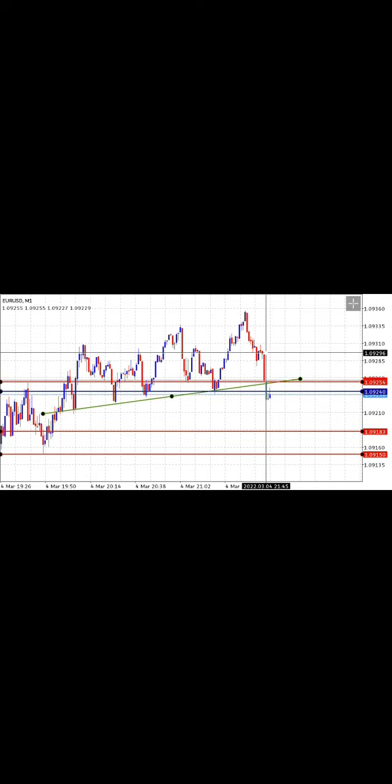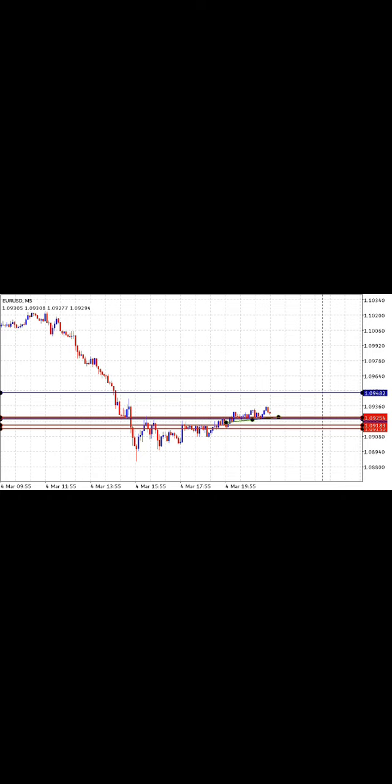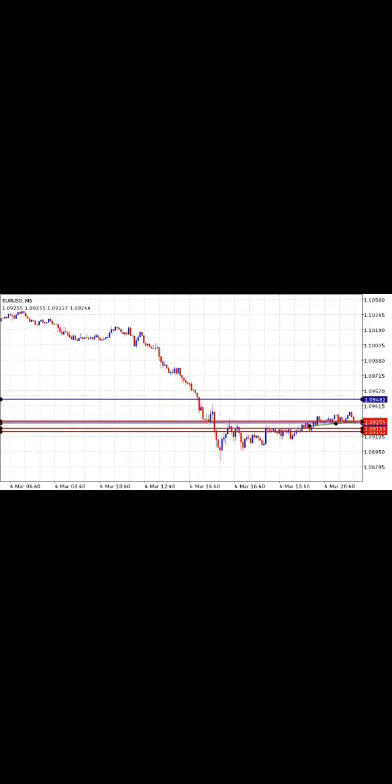Then it pushes the market down, then from here it pushes the market up. That is just the simple concept of order blocks. It's just as simple as that.